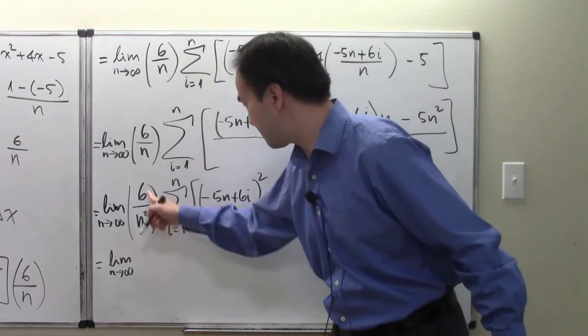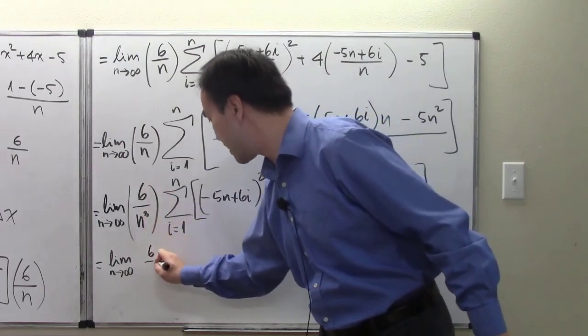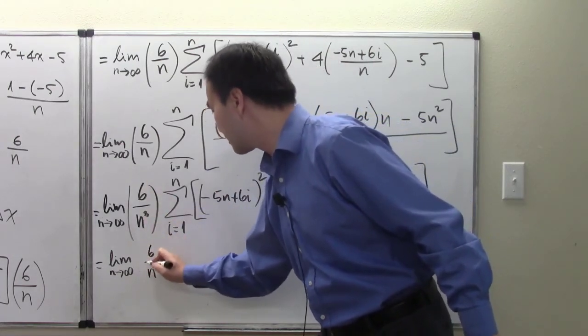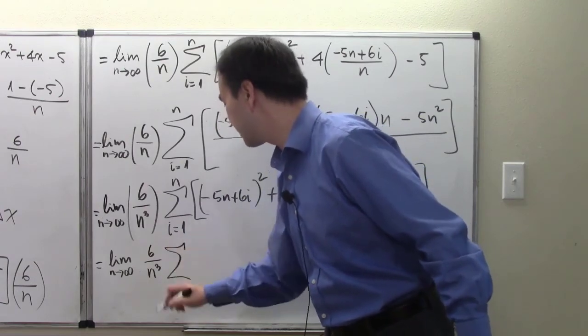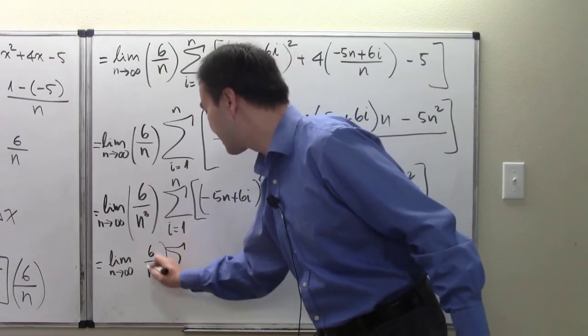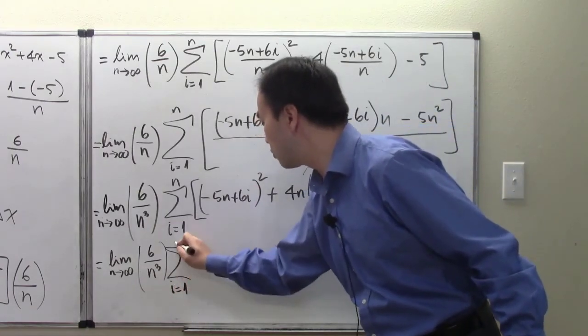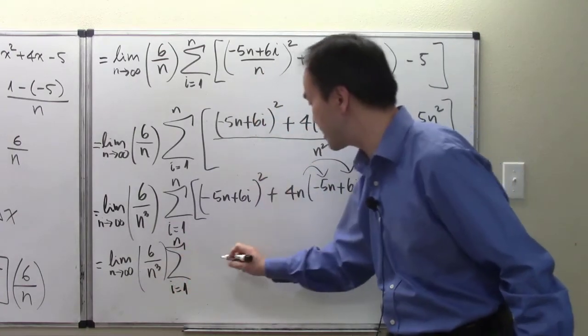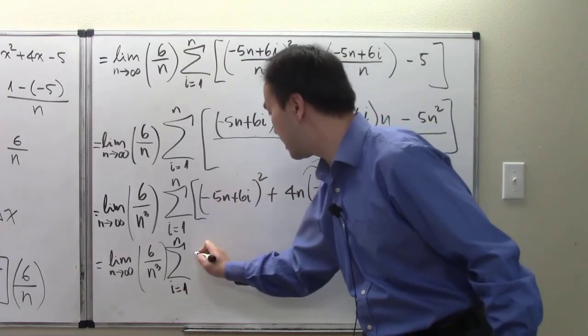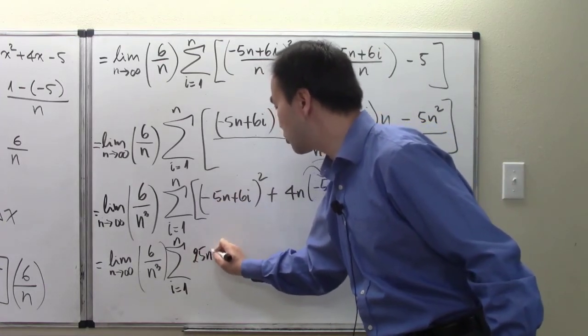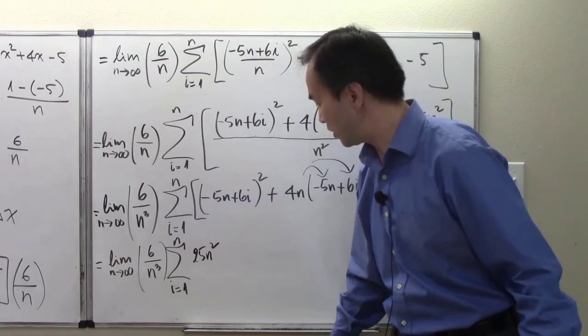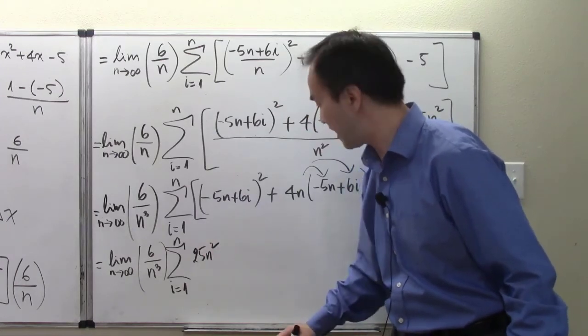So in my next step, the 6 over n cubed remains exactly the same in front of our summation, and the sum here runs from 1 to n. The first square gives me a positive 25n squared. Again, check with your algebra to understand how I got that 25n squared right there.